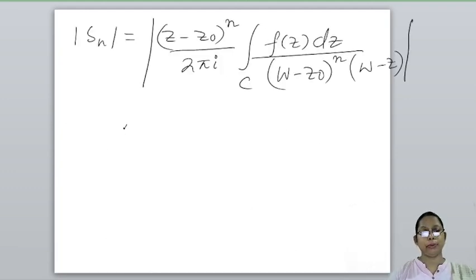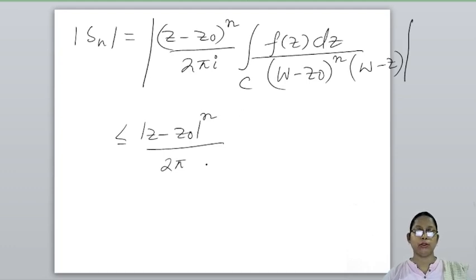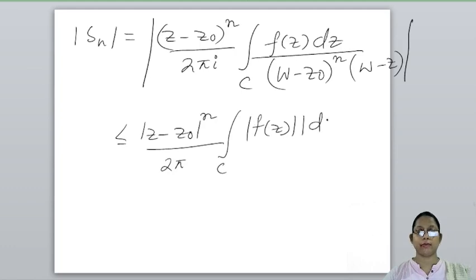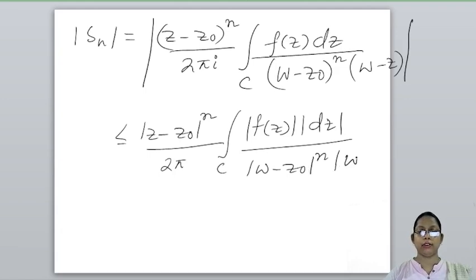Then using the properties of modulus, modulus of i is 1 and 2 pi is 2 pi. So modulus of the integral over C of f(z) dz, modulus of w minus z naught and modulus of w minus z.